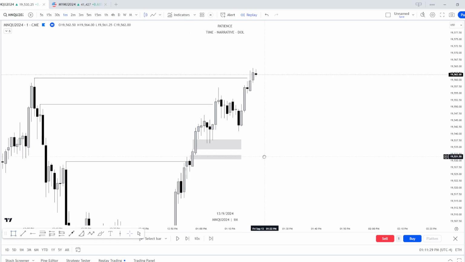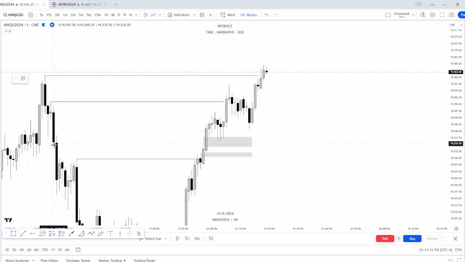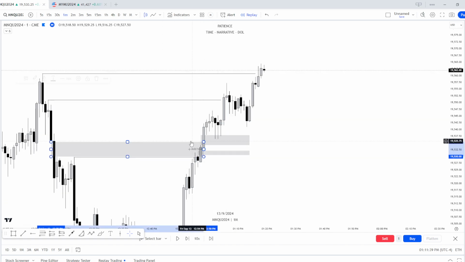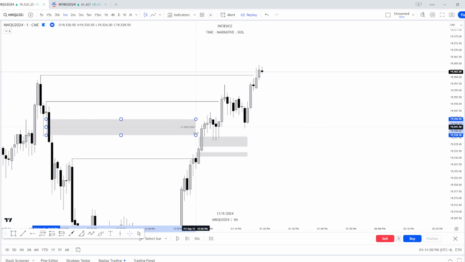So we can clearly see that we were disrespecting the bearish PD arrays. We were disrespecting the bearish side of price, and we were closing above it. And we were creating new bullish PD arrays that we were respecting. We were actually rejecting off of these, compared to these ones, where we were just going straight past them.